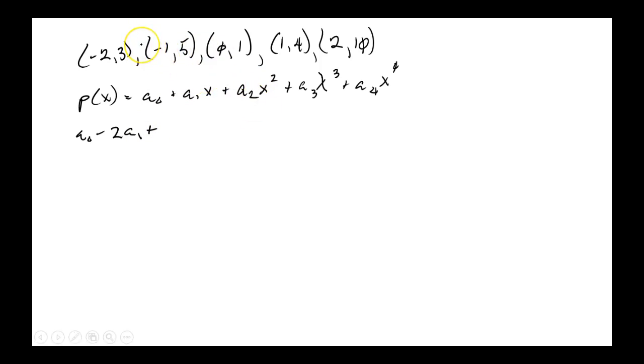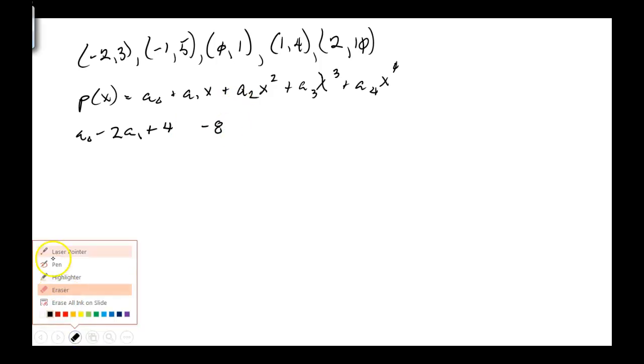Wait, I'm sorry, we do the 2's all the time. Plus 4 a2. We're plugging in negative 2 everywhere we see an x. And that would be minus 8 a3. Now, I'm sorry. Goodness gracious. Writing these things backwards. Okay.